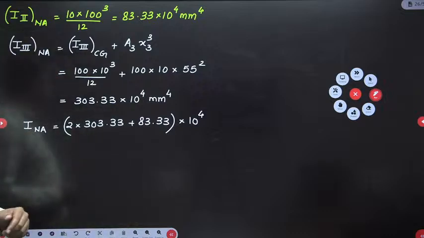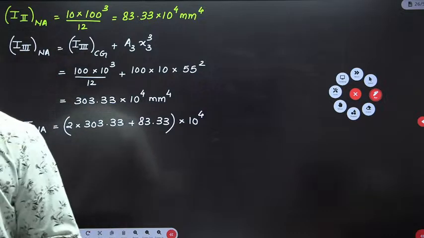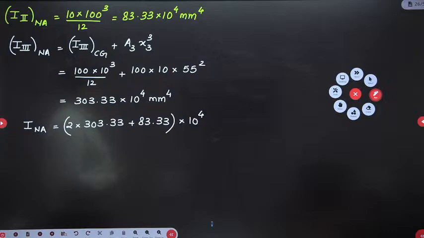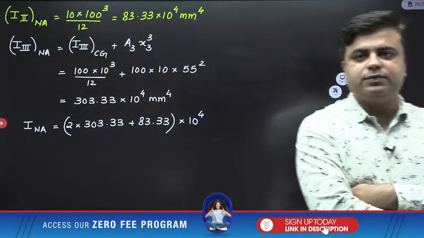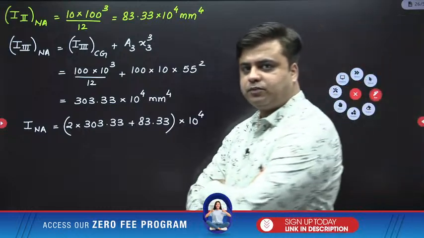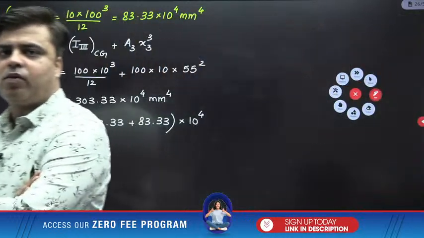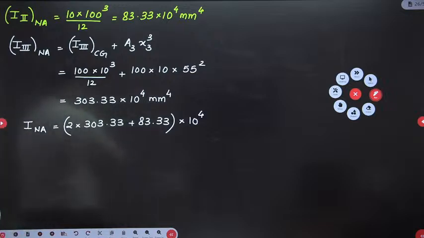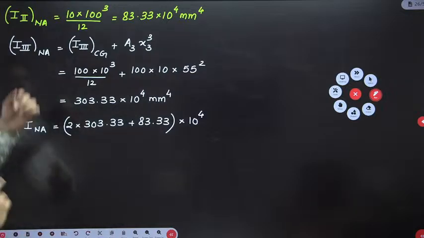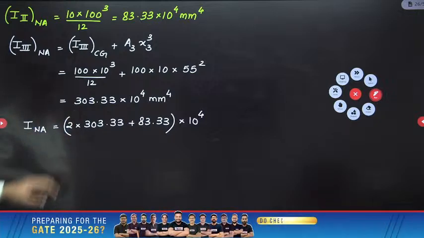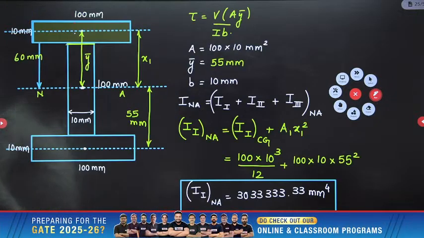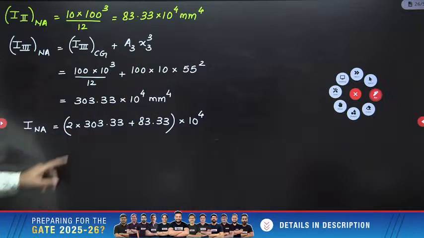Please calculate the total moment of inertia about neutral axis. For the first and the third rectangle, the moment of inertia is coming out to be the same. This is 303, right? Yeah. Please do this.